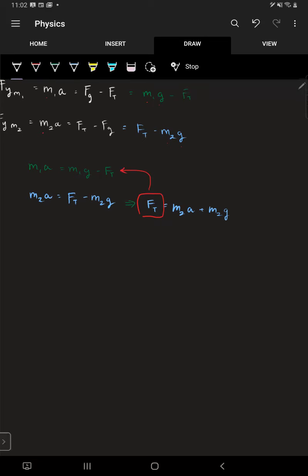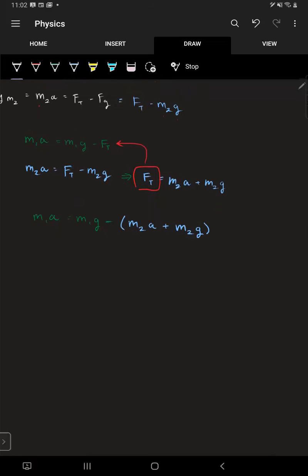Now we get, in green, M1A equals M1G minus M2A plus M2G. This is where physics gets kind of variable heavy. Can we erase these parentheses?